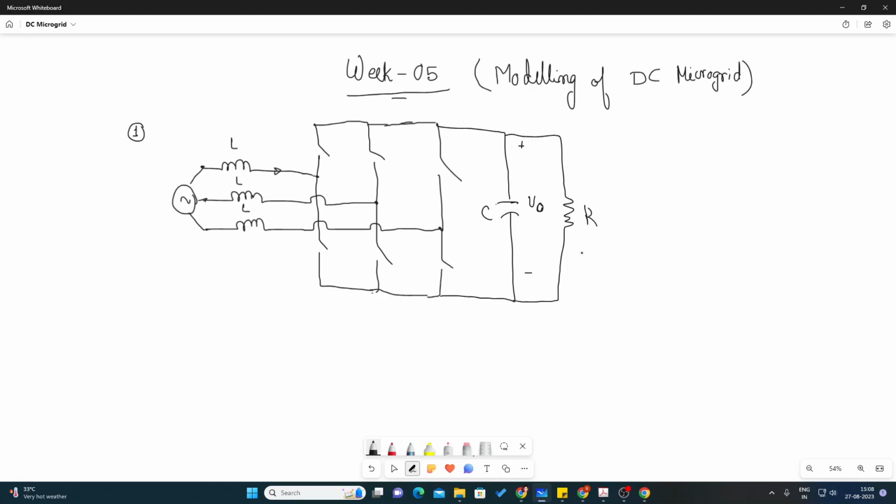In the rectifier, our primary objective is to control the output voltage, so that whatever is our primary objective will be in the slower loop.